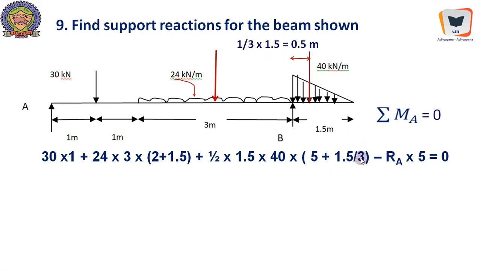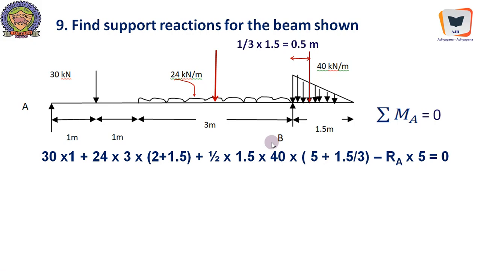Anyway, we have written directly over here, and we are taking moment with respect to this. Therefore 1 plus 1 plus 3, that is 5 plus 1.5 by 3, this distance will give us the moment for this equivalent concentrated load owing to the triangularly varying load, minus RB into 5.